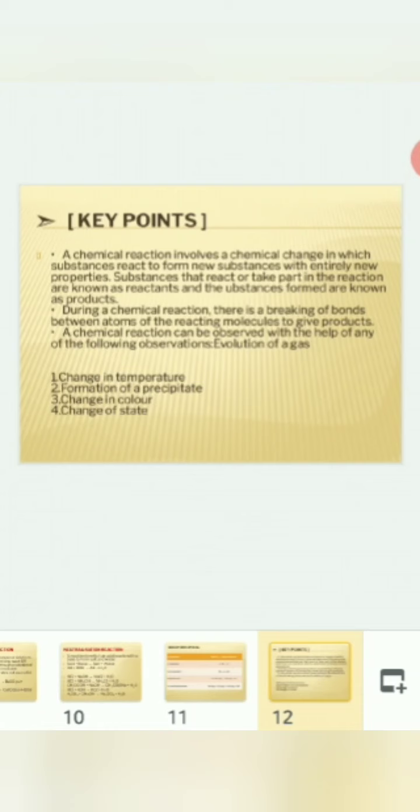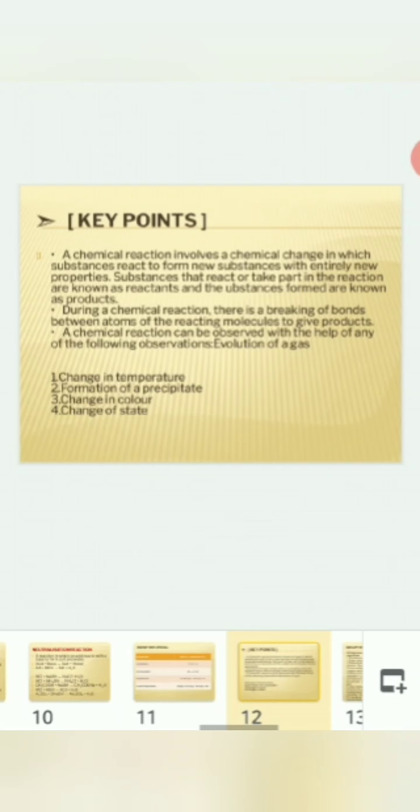A chemical reaction can be observed with the help of any of the following observations. There will be evolution of gas, change in temperature, formation of precipitate, change in color, or change in state. So any one of these can be observed at a time, or you can observe two or more. So it's a combination of these observations which will indicate some chemical change has happened.